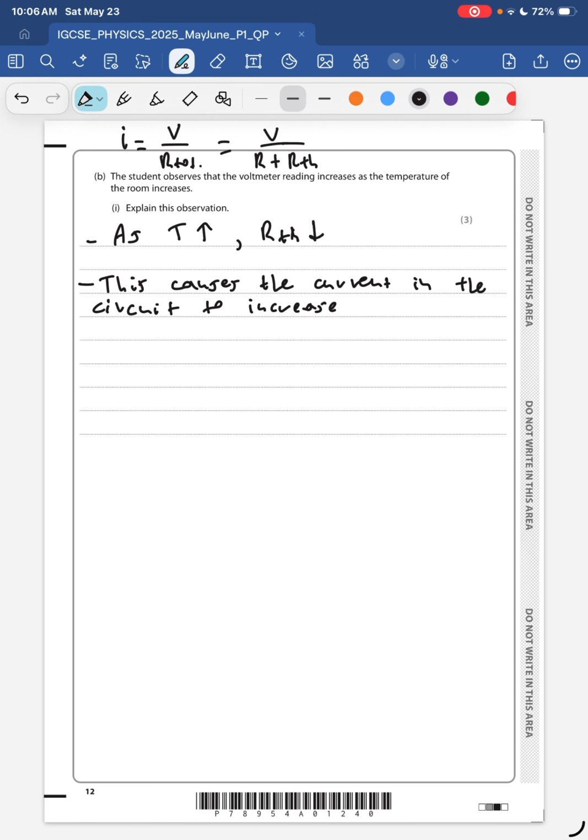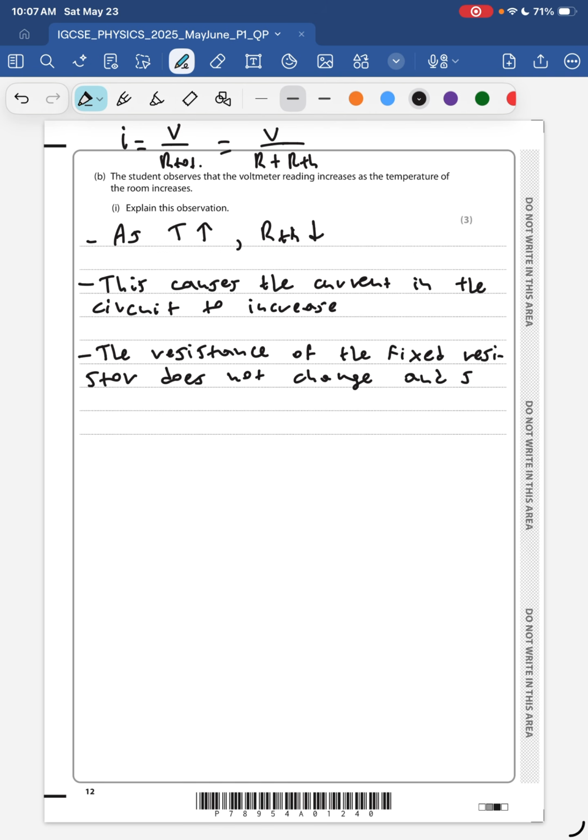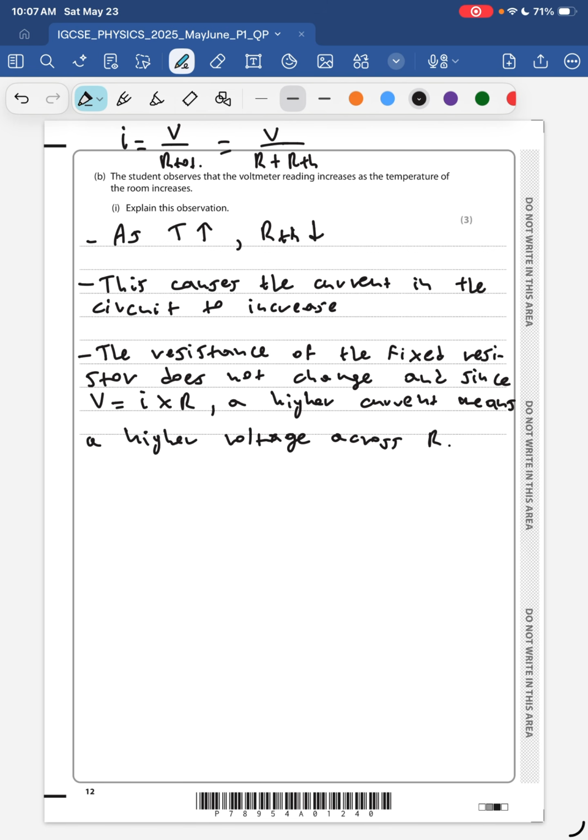So the resistance of the fixed resistor does not change, right? And since voltage is current times the resistance of that resistor, a higher current means a higher voltage across that resistor.